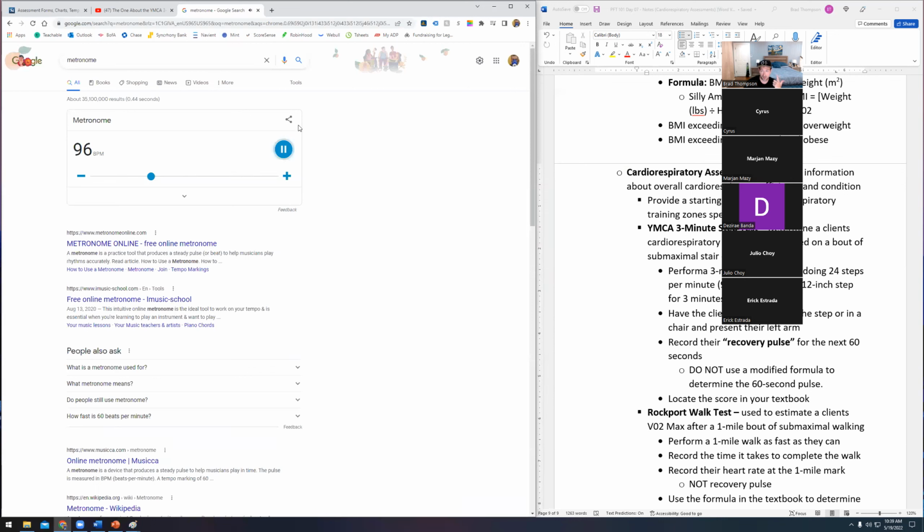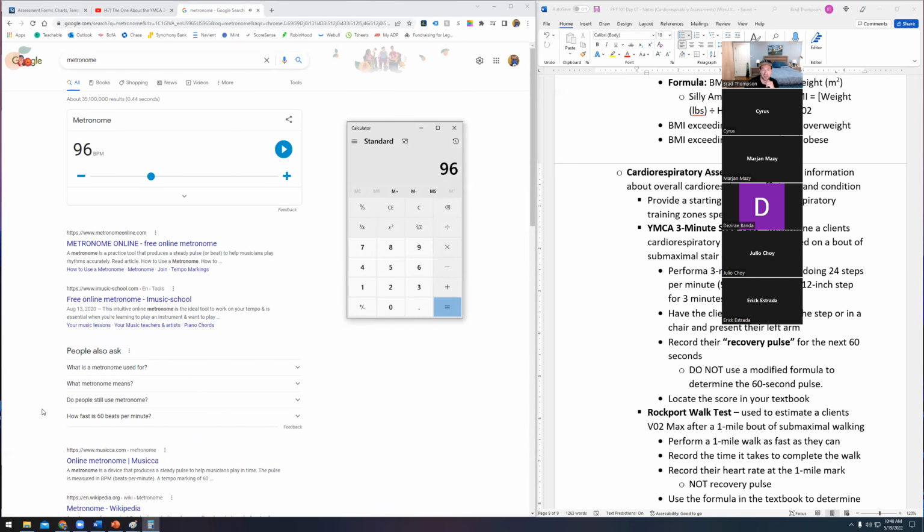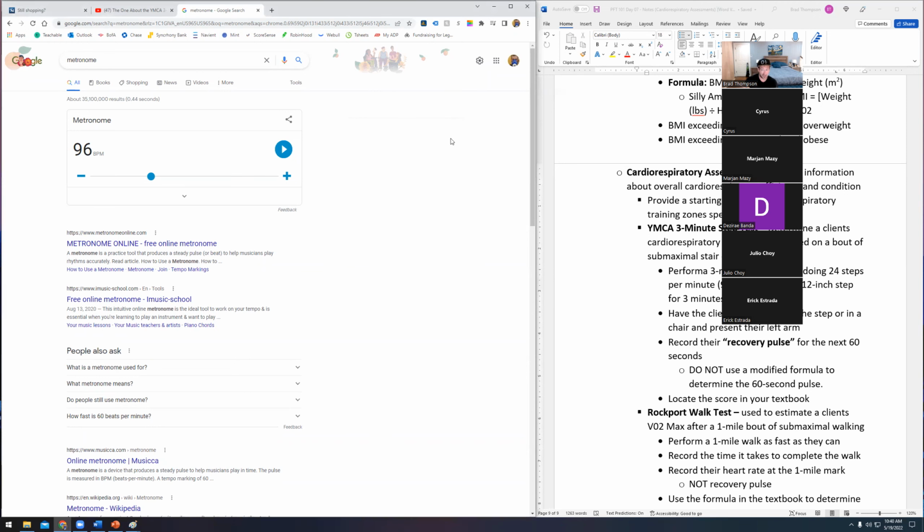And any client who ever takes this assessment is also going to go for 3 minutes in length, which means 96 times 3: anybody who's ever done this has stepped 288 times, 12 inches. So they stepped 3,456 inches. Everybody who's ever done it.